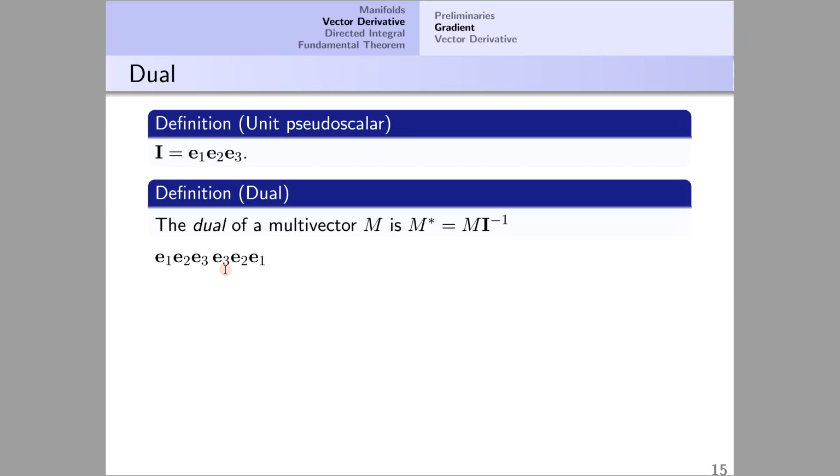E3 times E3 is 1, so that goes away. E2 times E2 is 1, so that goes away. And finally, E1 times E1 is 1. That's all we're left with. So that tells us that this is the inverse of this, which is I.